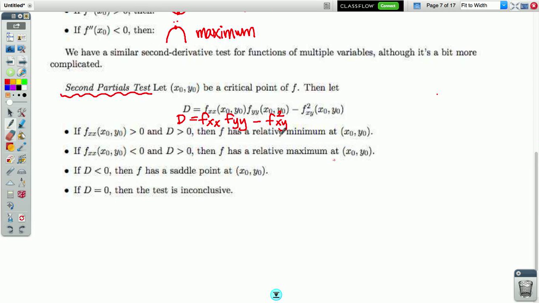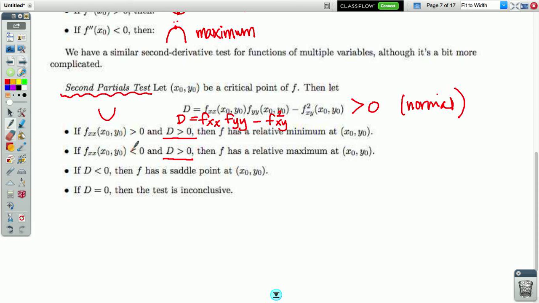Now, everything is friendly if the determinant here, I don't know if it's actually called the determinant, I just call it that, is greater than 0. So as long as this formula is greater than 0, then everything is normal. And what I mean by that is, if your second derivative just with respect to x is positive, then it's kind of like you're looking at a concave up function, and you have a relative min.